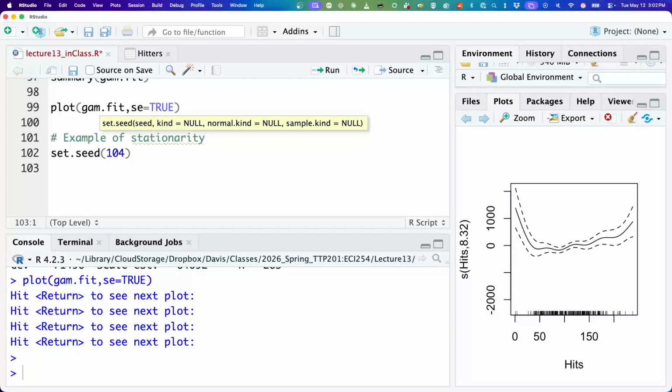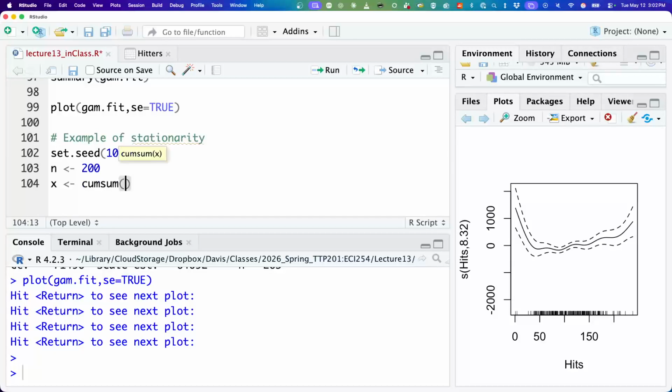But if you set seed first, it'll make it so that we all get the same thing. And for a time series, I'm doing this because the answer could get wildly different because we are compounding the data, as you'll see in a second.